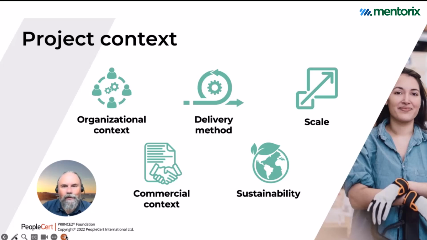While I know that Prince2 has been labeled as a waterfall methodology, it's actually not true. The waterfall label is partly true in the sense that it's based on phases and stages, but the delivery method underneath can easily adapt to both waterfall-based delivery methods, but also agile and hybrid methods.